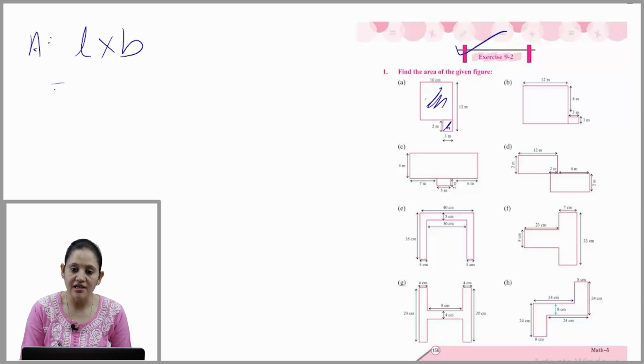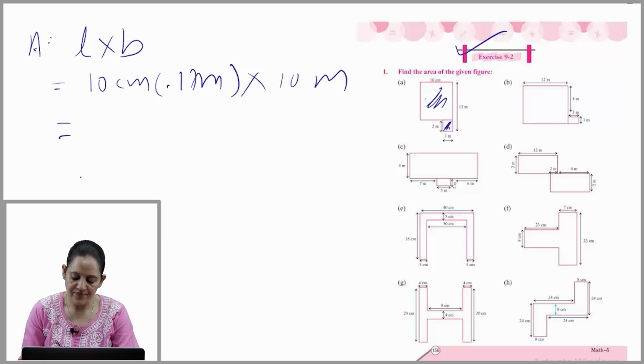So area हो जाएगा length, that is 10 centimeter. 10 centimeter we have to convert into meter, that is equal to 0.1 meter. Multiply by how much is the breadth? 12 minus 2, that is 10 meter. So that is equal to 1 square meter.